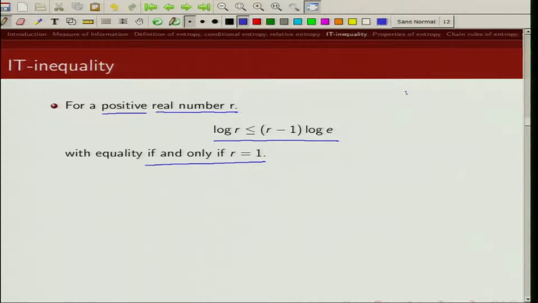If you plot this, log of r is defined for positive real r, so it would look something like this. At r equal to 1, log of r is 0, and the line is r minus 1, with slope log of e.